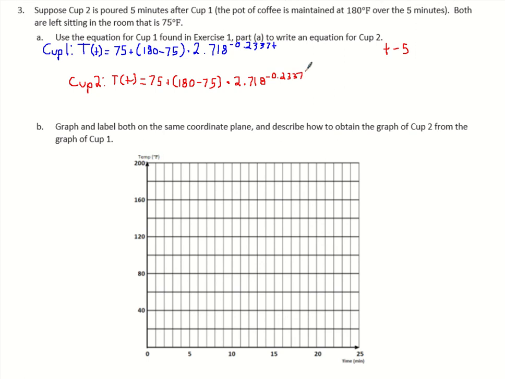But instead of that being multiplied by t, it's going to be multiplied by t minus 5. Which is basically, again, it's going to say that at 5 minutes, my second graph is going to be where my first graph was at 0 minutes. At 10 minutes, my second graph is going to be where my first graph was at 5 minutes.